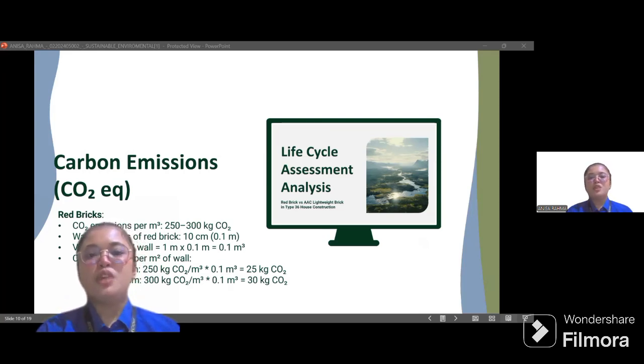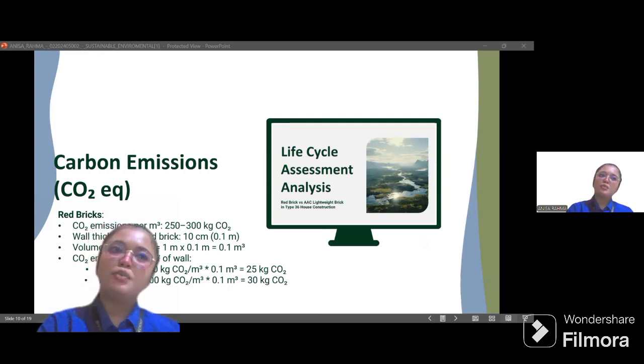CO2 emission from red bricks. CO2 emission, or carbon dioxide emission, per cubic meter of red brick ranges from 250 until 300 kilograms of carbon dioxide. This figure refers to the emission generated during the production of red bricks, primarily from the high temperature firing process that requires significant energy and fossil fuel use.